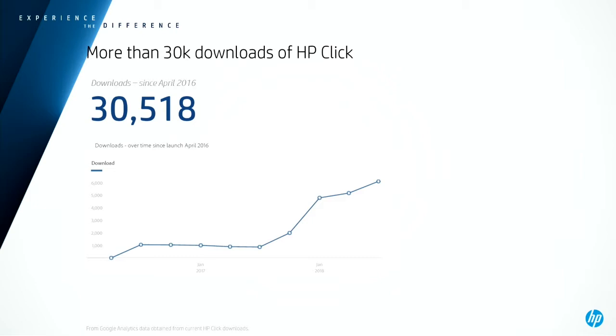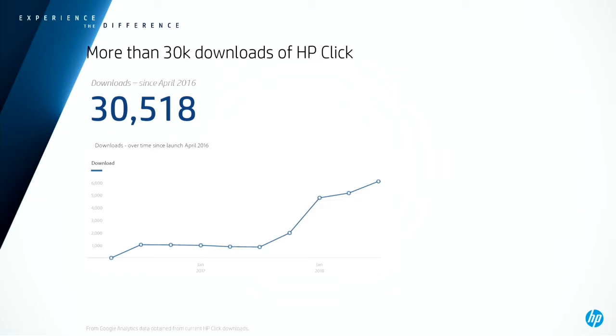And as you can see, the number of downloads has been increasing exponentially over the quarters. If we take the last two quarters, we'll see that the number of downloads equals half of all the history.